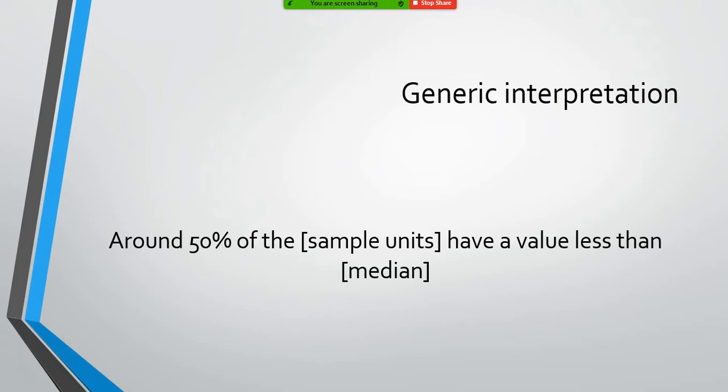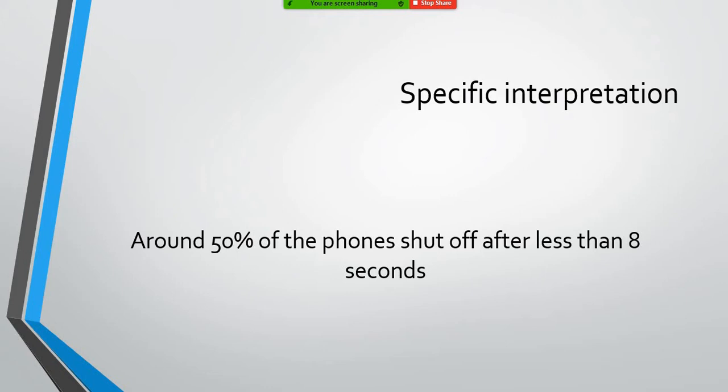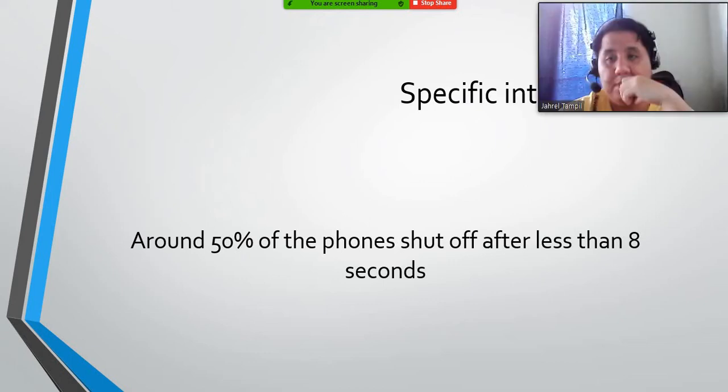To interpret the value 8 in our data, we will use this generic template: around 50% of the sample units have a value less than our median. So applying it in our running example, we can say that around 50% of the phones shut off after less than 8 seconds.